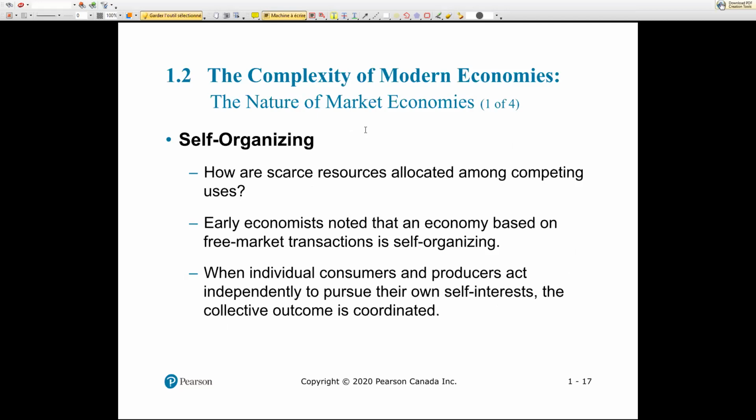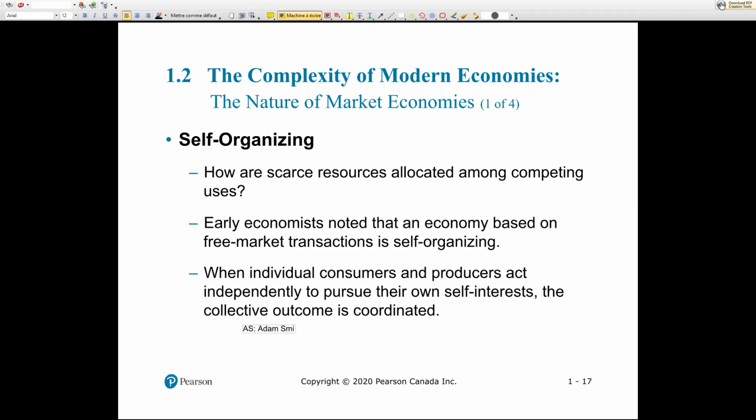Something that's very interesting about modern economies is that they are self-organizing. So when individual consumers and producers act independently to pursue their own self-interest, the collective output is coordinated. So who first described this? A-D-A-M-S. Come on. Adam Smith.